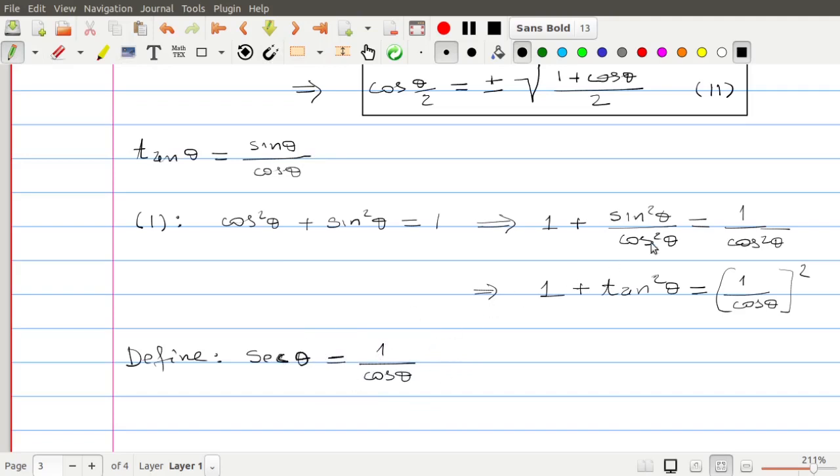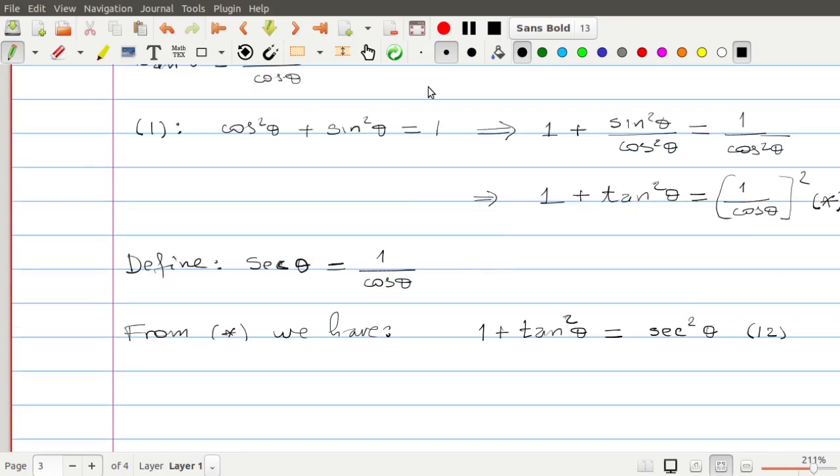This is our definition. So from this equation, if I call this star, from star we have that 1 plus tan squared theta is equal to sec squared theta. So we can call this equation 12, which we can also box.